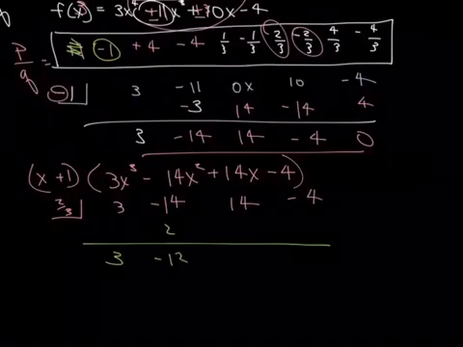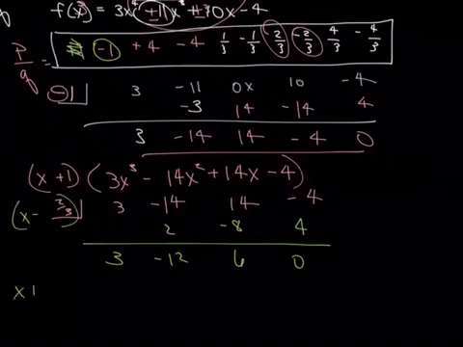Negative 12. Negative 24 over 3 is negative 8. That gives me a 6. 12 over 3 is 4. Gives me a 0. So I know that x minus 2/3 also works.